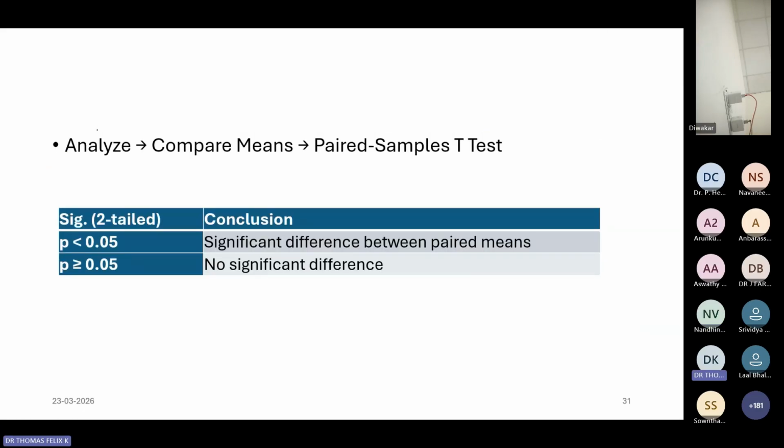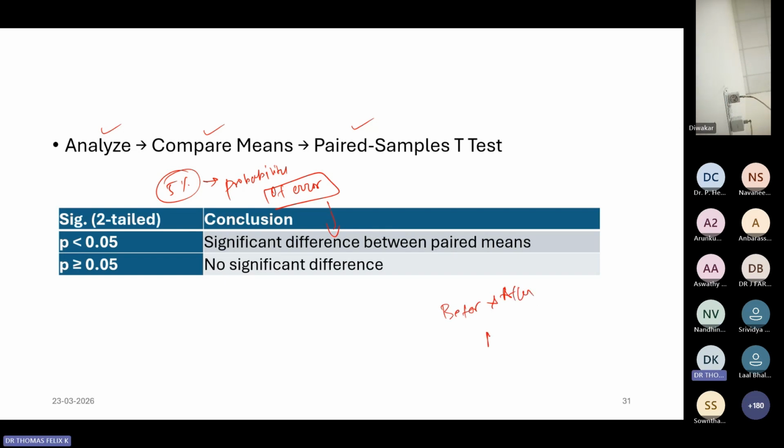So this is the way. You go to Analyze, Compare Means, Paired Samples T-Test. If the probability value is less than 5%, the probability of error is 5%, then you can say that there is a significant difference between the paired means, that is, before and after.